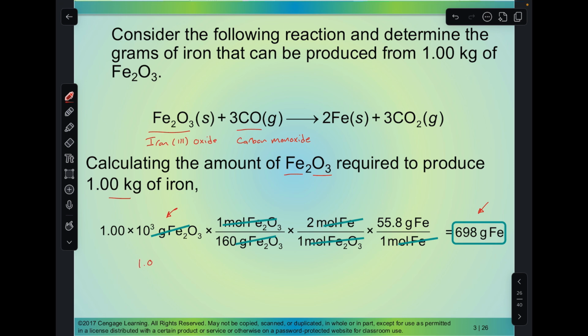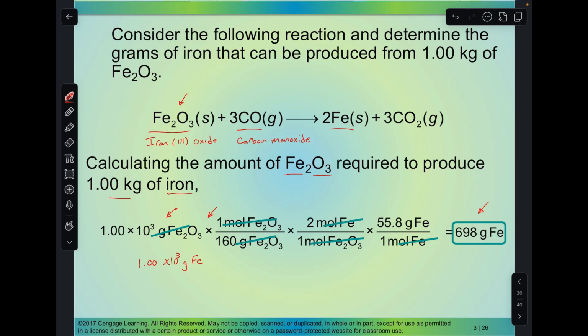So we have 1.00 times 10 to the third grams of iron. And we can start on either side. This equation up here starts with iron oxide, because that's what it thought it was going to be solving for. But it's actually asking, if we start with 1 kilogram of iron, how much iron oxide did we use to get there? And so we will calculate that.